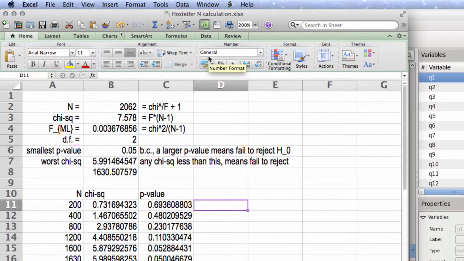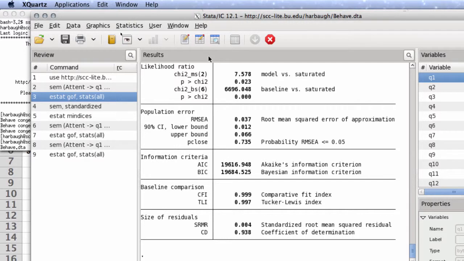Can we go back to the goodness of fit? Yeah, of course. So is it a problem that our p-value for our RMSEA is non-significant, so that we're not confident that it's less than 0.05? Right. The RMSEA value we found was 0.037.